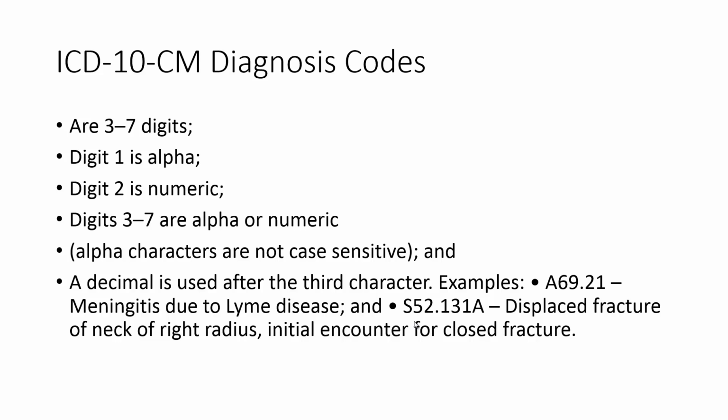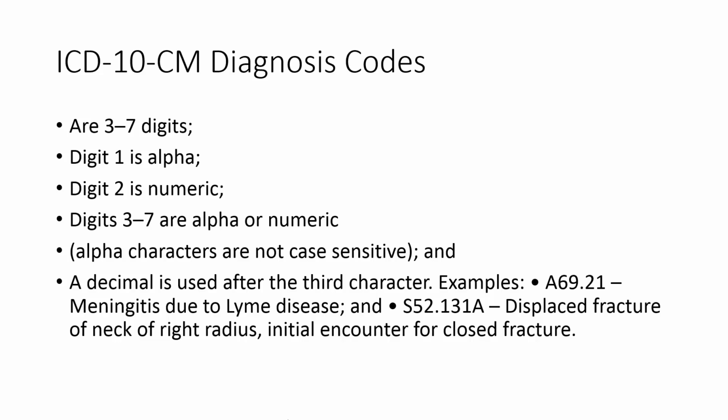What Allegiance MD will do for you is prompt you for laterality if the code requires laterality. For instance, with S52.131A, once you pick the fracture of the neck of radius, it will prompt you: is it right, left, or unspecified?